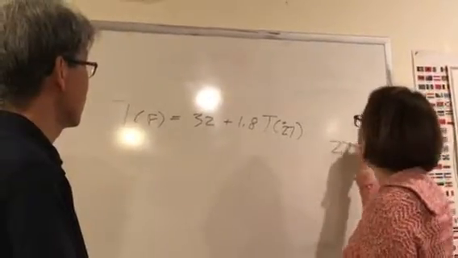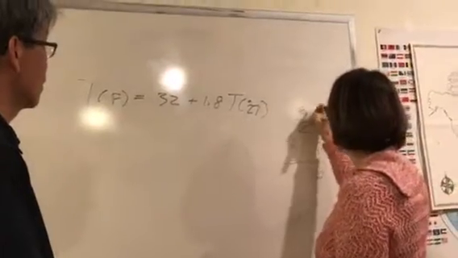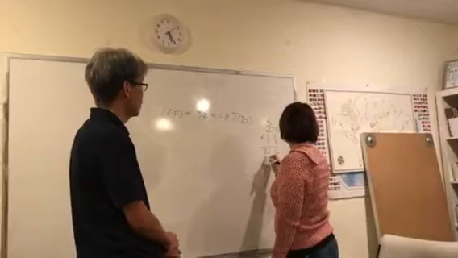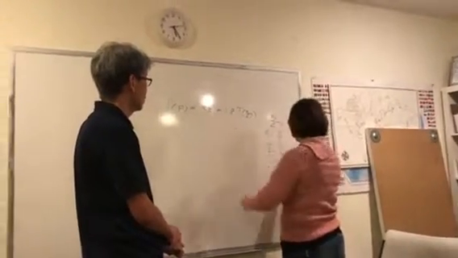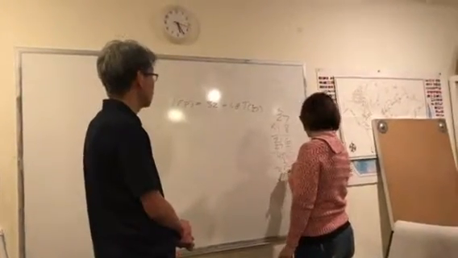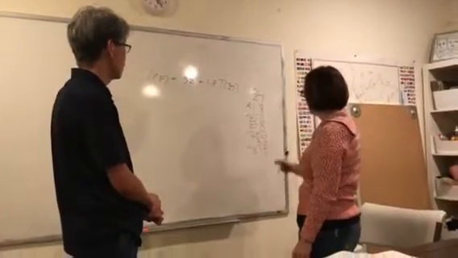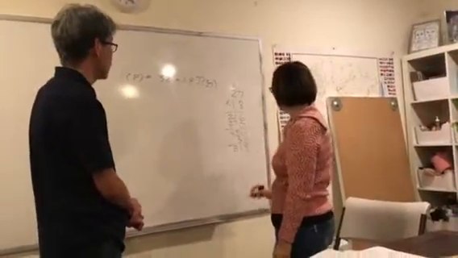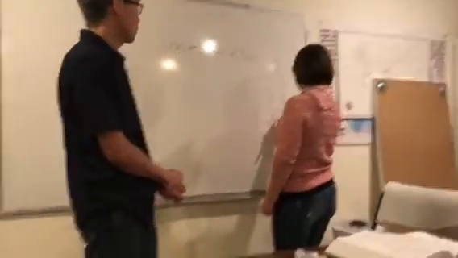So 27 times 1.8 is 48.6. Plus 32 over here now.